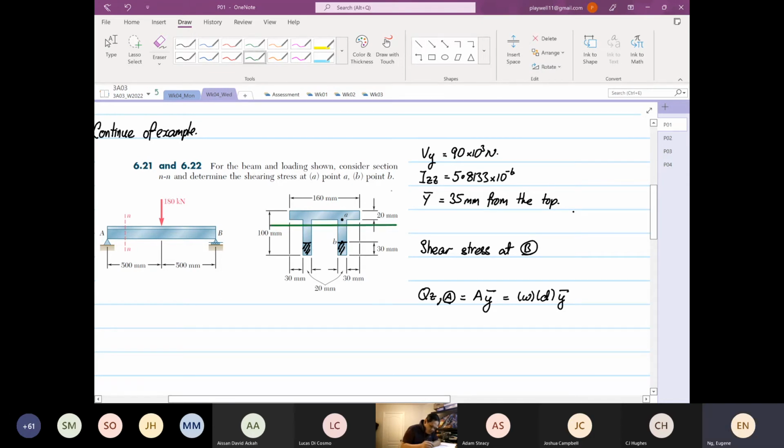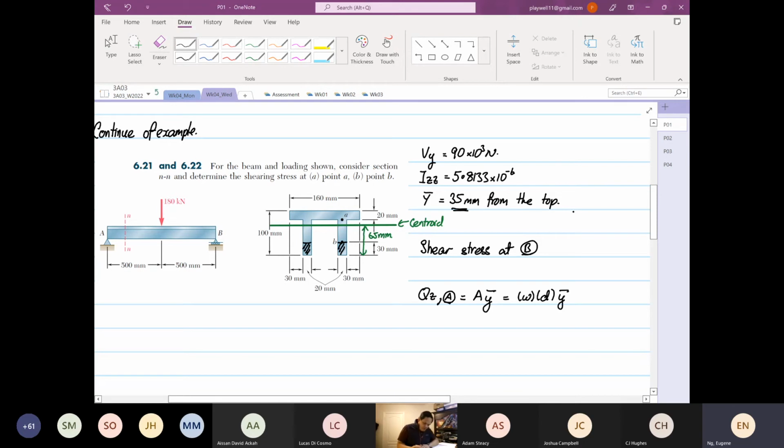Sorry, there's the centroid, which I've just drawn in green. And this distance is 65 millimeters, because from the top is 35, and the entire height is 100, so it's 65.